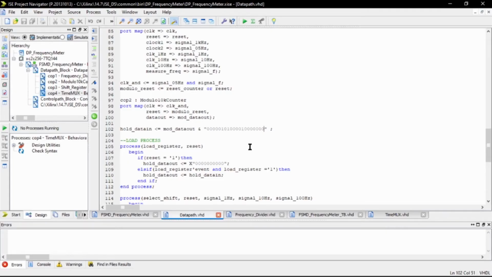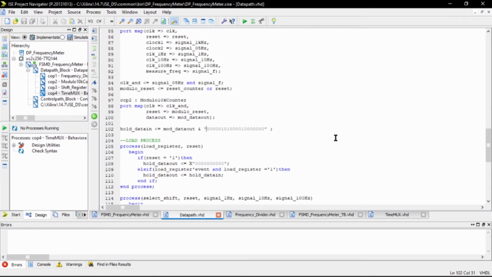So I'm going to explain how I did the units for hertz and the decimal point. So we can see here I concatenated the representation for H and Z and enclosed them by 2 zeros to make it 32 bits. Well, in this case it would actually be 40 bits for holding it, because of the extra bit needed for the decimal point.